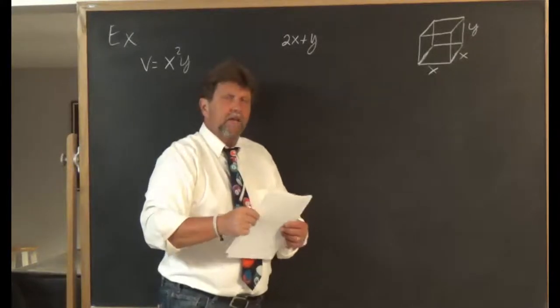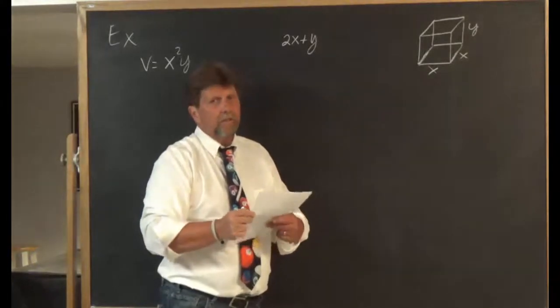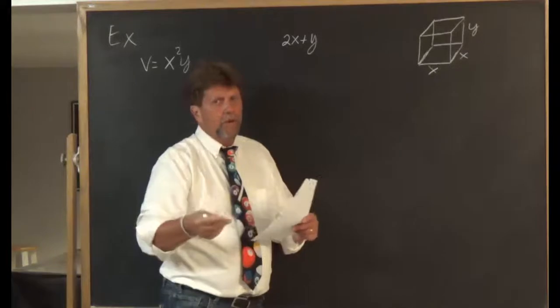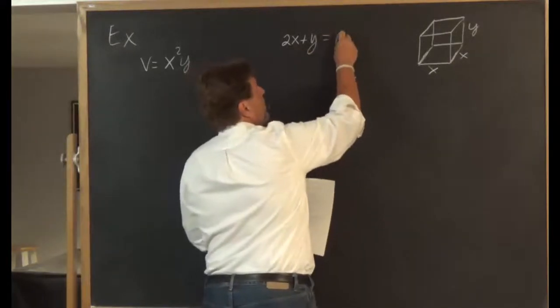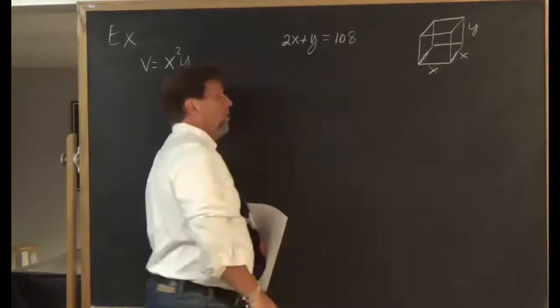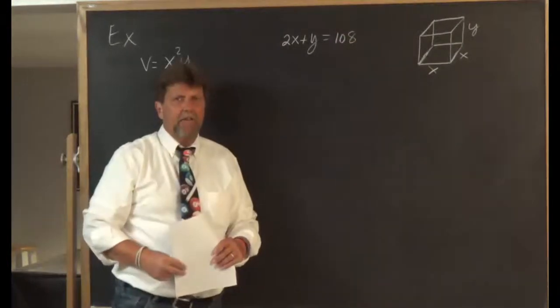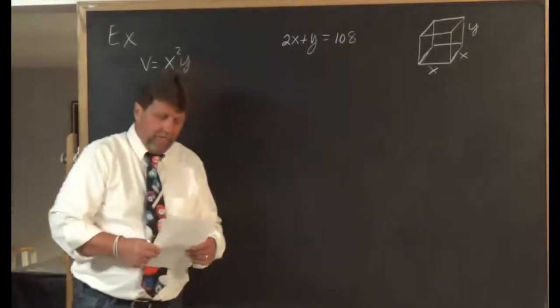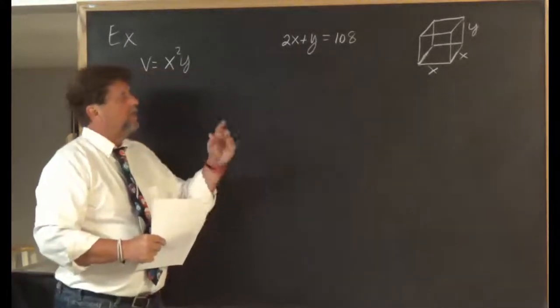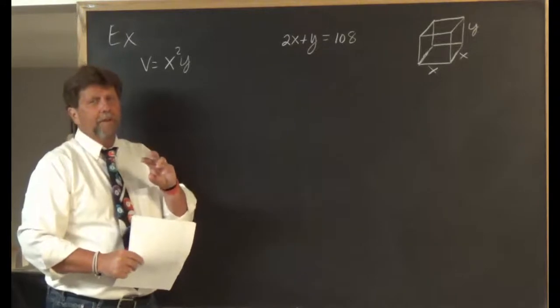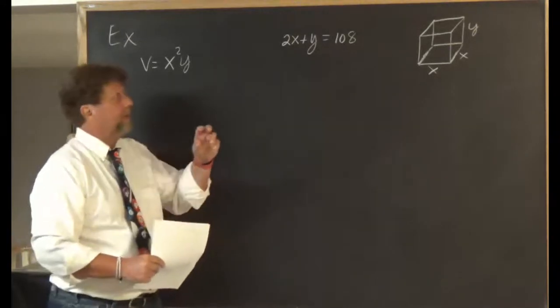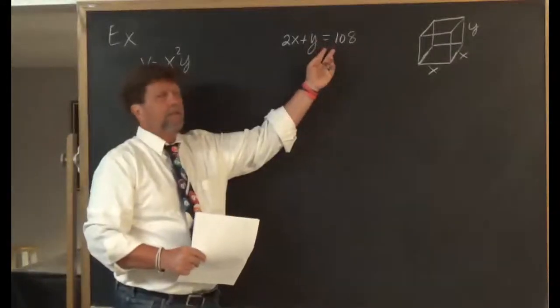108 inches. Well, let's logically assume that the volume will be maximized when we go all the way up to 108 inches. So, to turn this volume into a function of one variable, so we can do calculus on it, why don't we solve this for y?